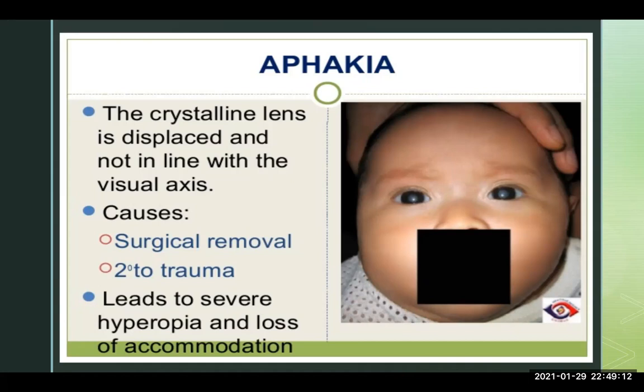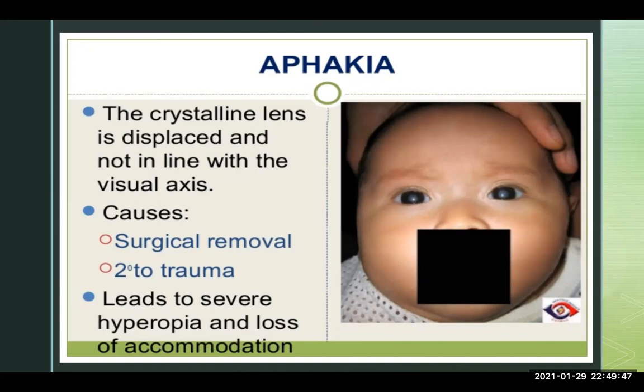Because of surgical removal, as in congenital cataract in the first year of life, we may go for cataract surgery in these babies to remove the lens without implanting an artificial lens. So the patient is left aphakic for a time. Or it may be secondary to trauma with lens displacement.